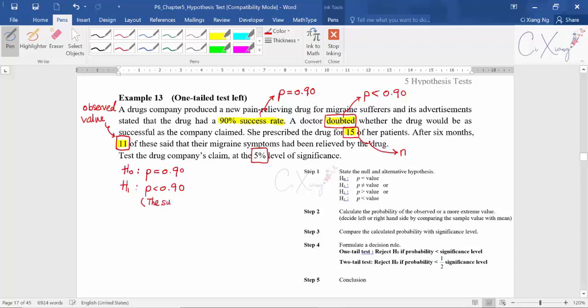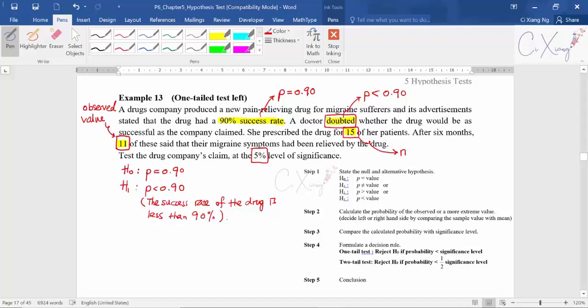So I will write the statement here: the success rate of the drug is less than 0.90, or you can write 90%. So this is my very first step. You have already formed the null and alternative hypotheses.